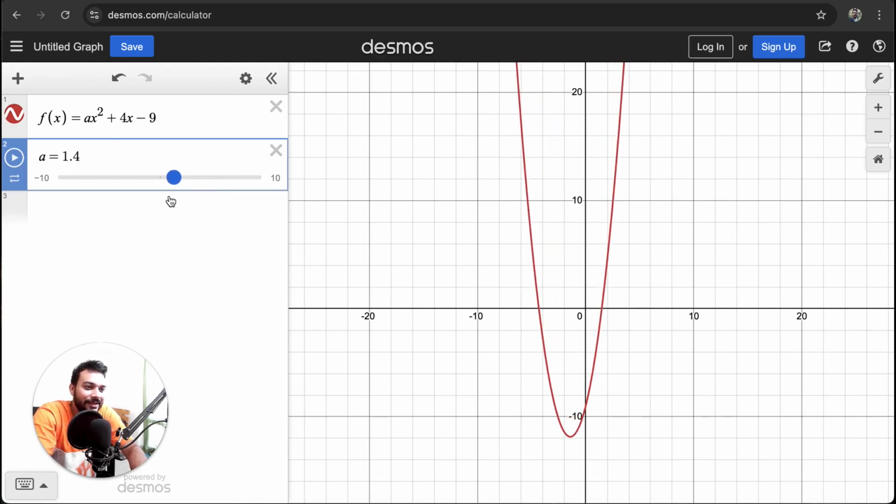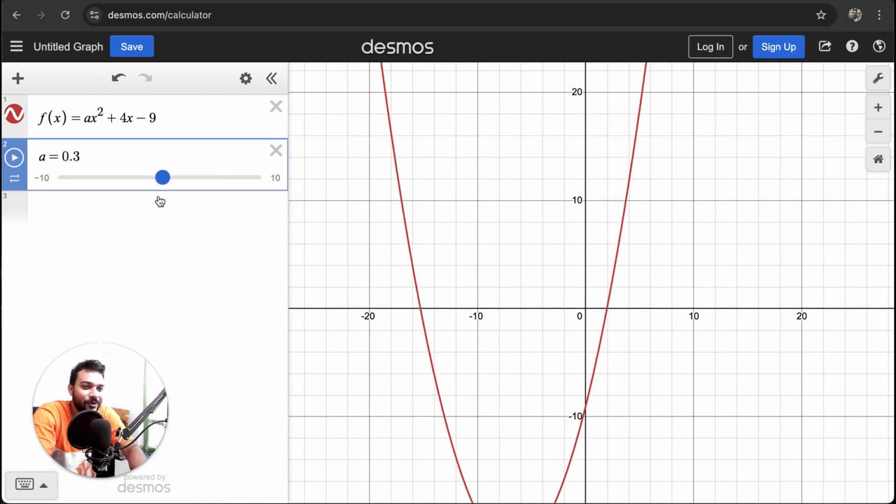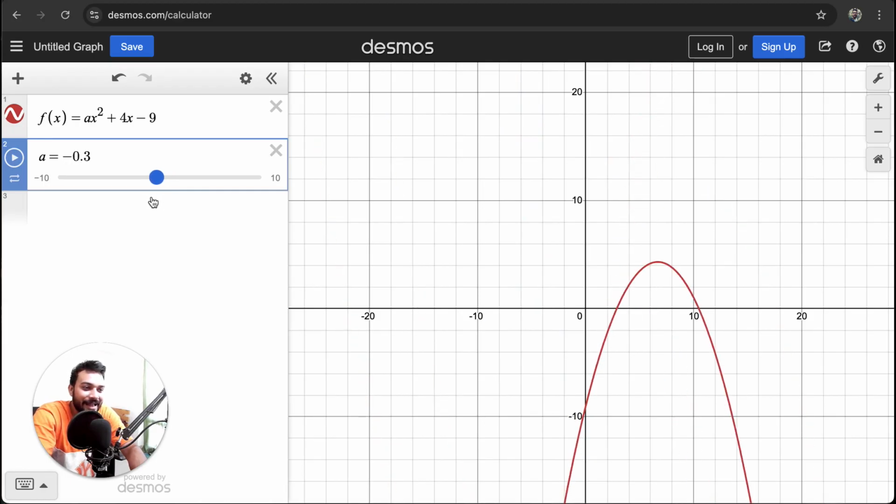It's expanding horizontally. And the moment a crosses 0, at a is equal to 0, it's a straight line because the x squared term is gone. Just a linear term. The moment I push from there to a negative, it becomes a parabola opening downwards. So like this, you can use sliders to see the nature of the curves.